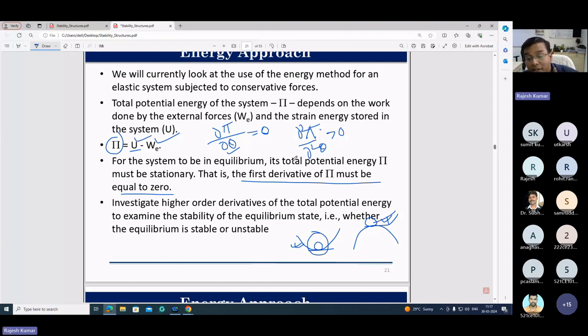Now from this you can conclude that for stability, del square pi by del theta square is supposed to be greater than 0. If it is greater than 0, it means minima, and minima means a stable equilibrium. Is it clear?